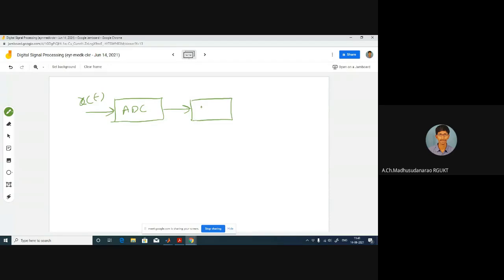After converting to digital, I'll process that signal with the help of my digital signal processor. I can modify this signal in whatever manner I want. After that, I'll convert back to analog signal, digital to analog converter. After that, transducers. Whatever transducer you want.